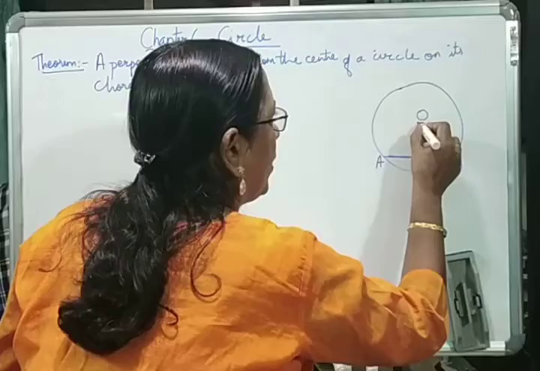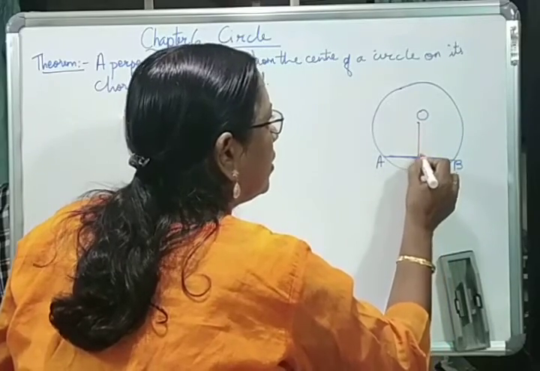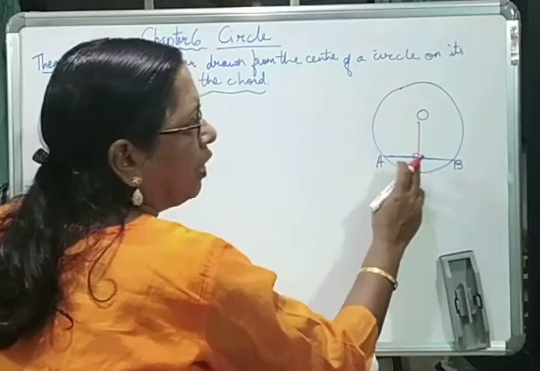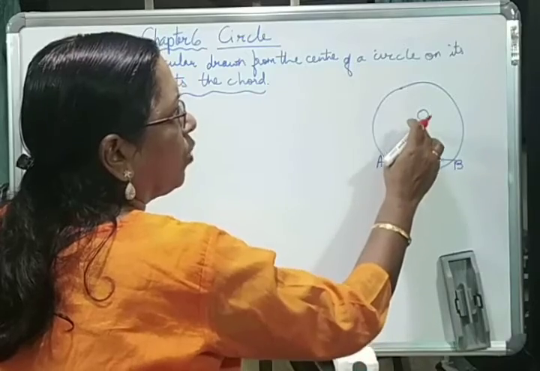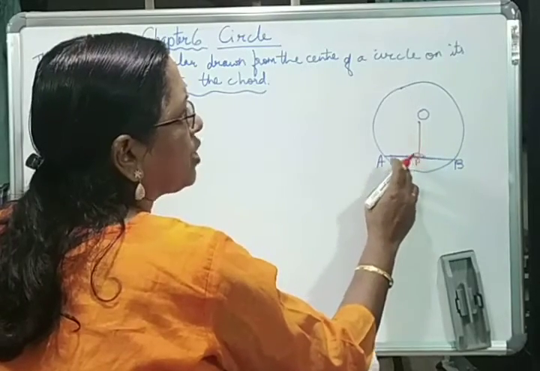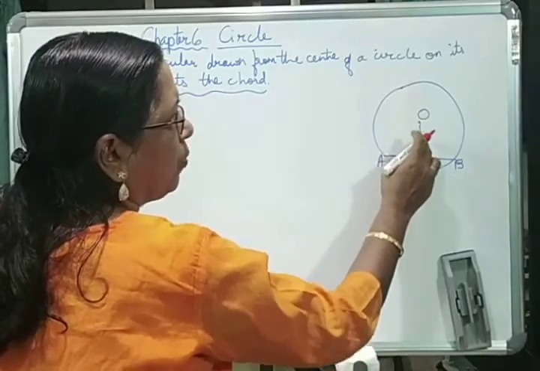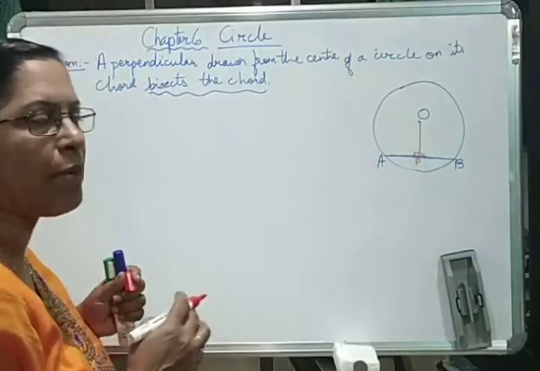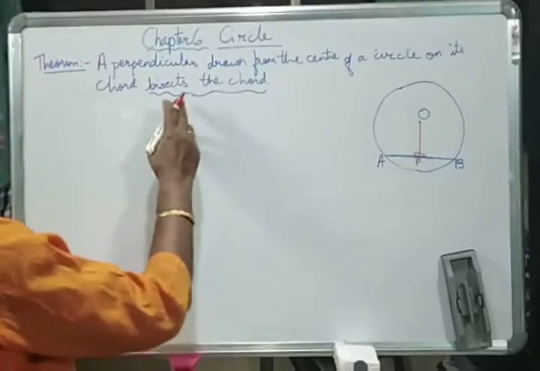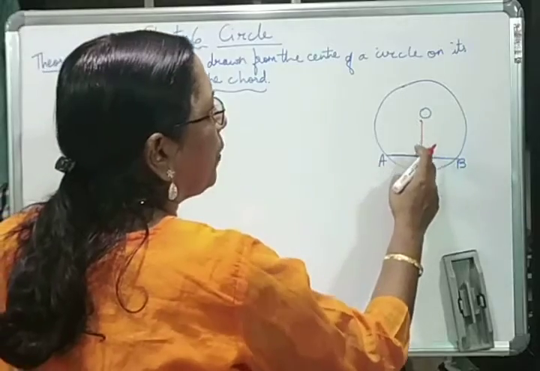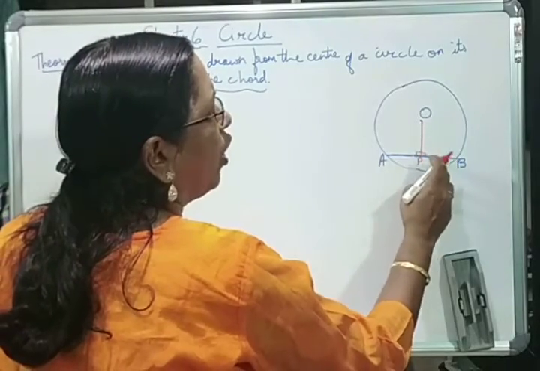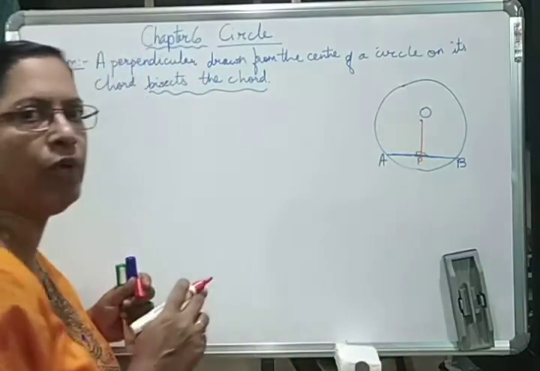So, this is a perpendicular OP, drawn from the center on its chord. So, this OP is on the chord AB. Then we have to prove that OP bisects the chord AB into two equal parts.